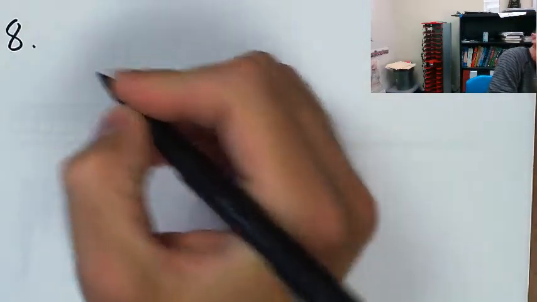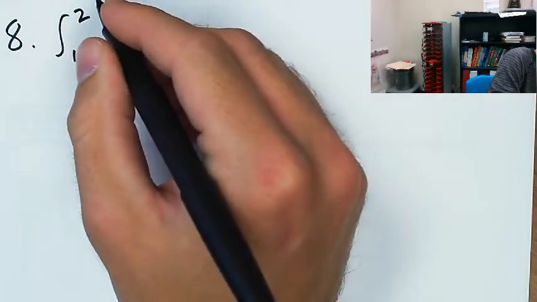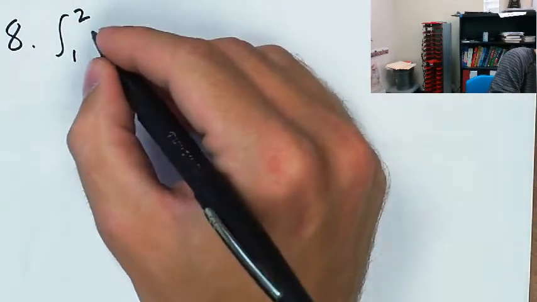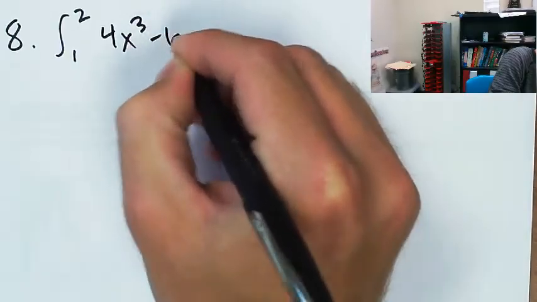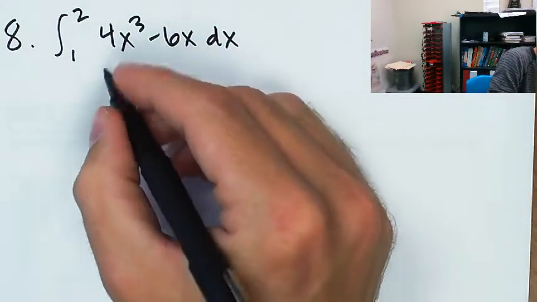This next one is, nope, I was looking at the wrong problem. I was looking at 11. I'm looking for 8. So for number 8, this is the integral from 1 to 2 of 4x to the 3rd minus 6x. Okay, so I anti-differentiate.